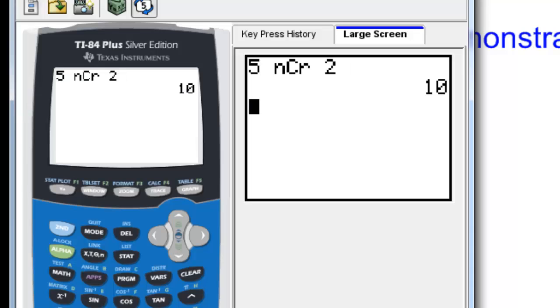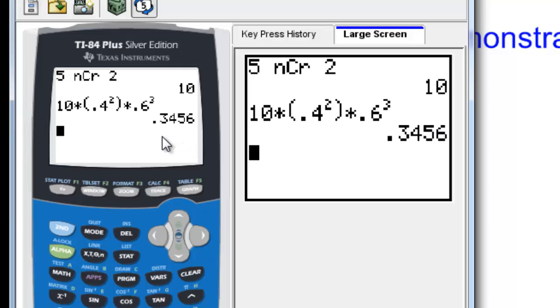We took that number and multiplied it by the probability of getting heads, which was 0.4, raised to the number of heads, which was 2, and took that number and multiplied it by the probability of getting tails, raised to the number of tails, which was 3. And we end up with this number, 0.3456.